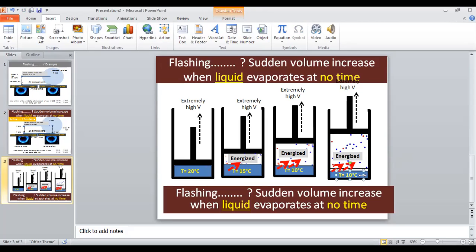Temperature drops further, 5 degrees. More energy is releasing.